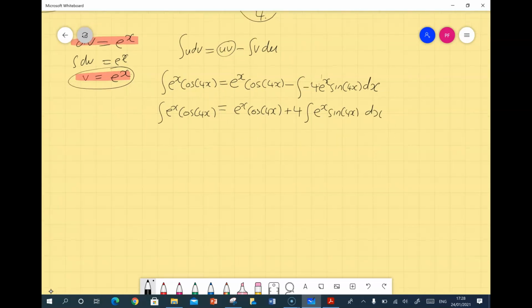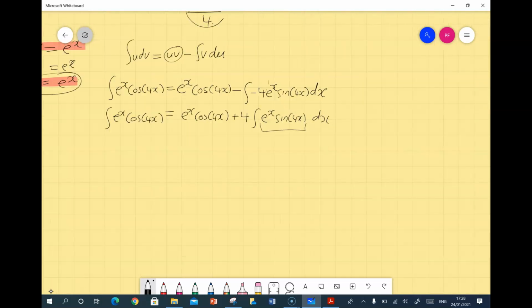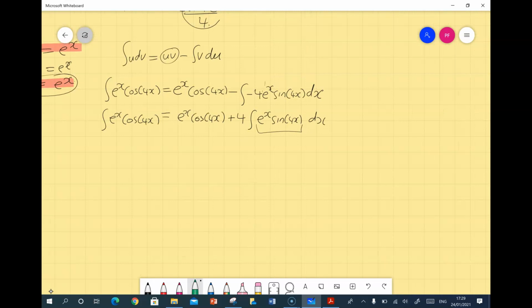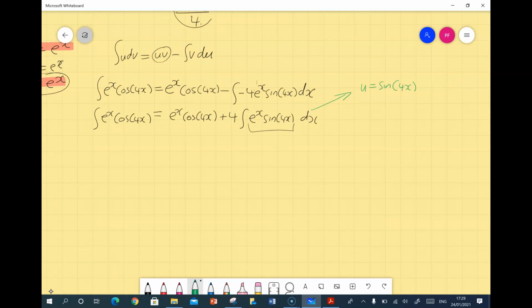Okay, so we have the same problem again here. That's not easy to integrate, so we'll try and integrate it by parts. And once again, this time we're going to choose our u is equal to the sine because it's easier to differentiate and integrate, but again, it really doesn't matter. And dv is equal to e to the power of x. So du dx, the derivative of sine is cos, and the derivative of 4x is 4, so it'll be 4 cos 4x.